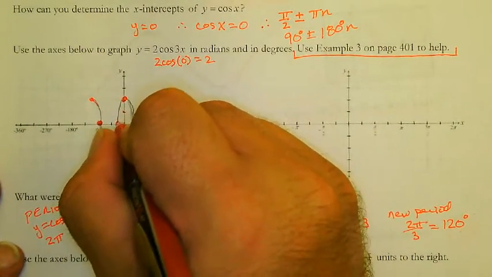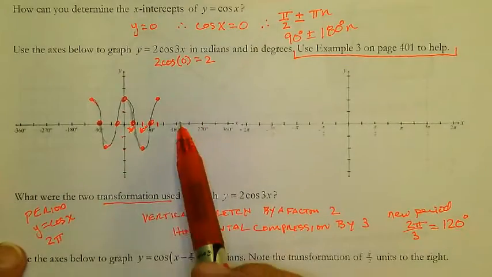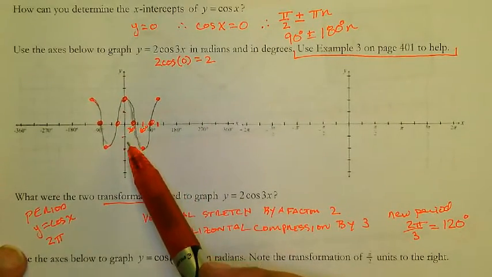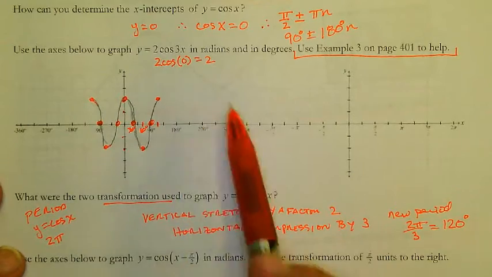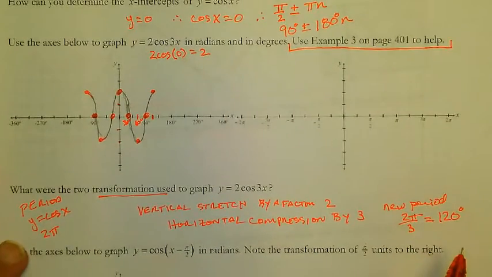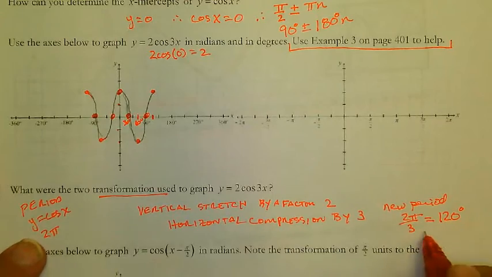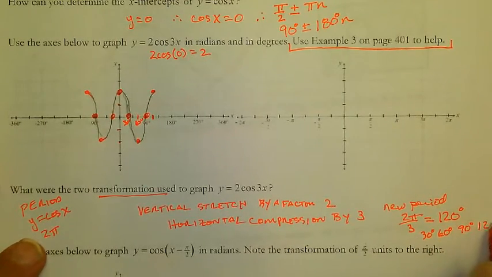Now, where am I going to cross the x-axis? I'm going to cross the x-axis at these other positions. If I have 120 degrees and I split it into sets of 4, that's 30, 60, 90, 120.